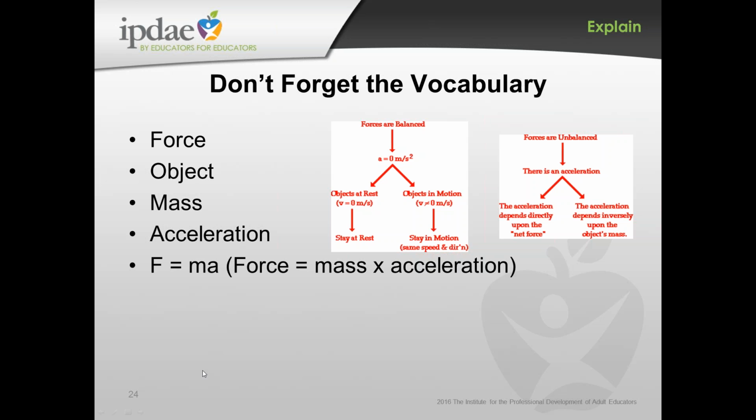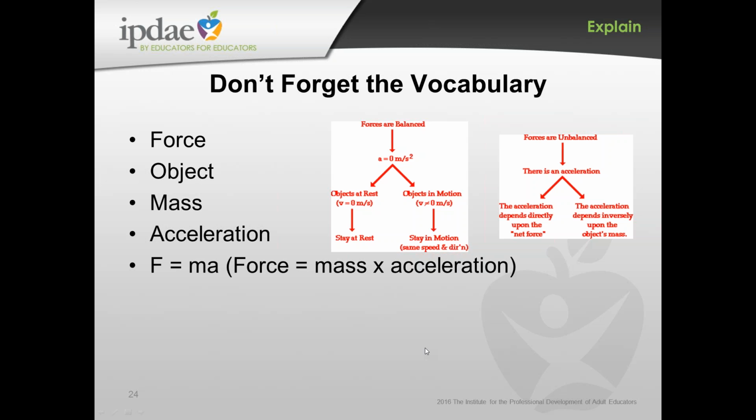And notice that Bonnie has included here a couple of graphics that students could see. What happens in different situations if the forces are balanced or unbalanced? Again, we're not trying to teach everything, but we want to make sure that students get the big ideas and that they have an understanding and can reason through those.